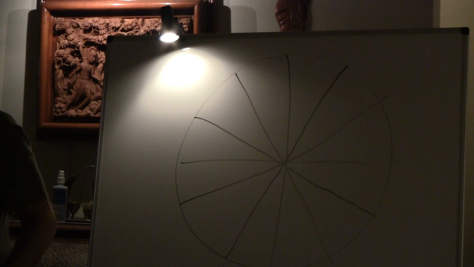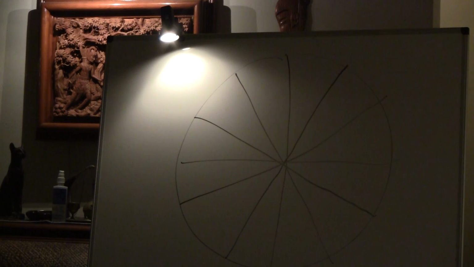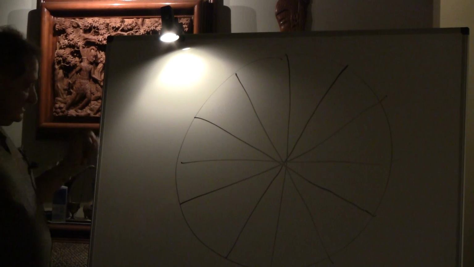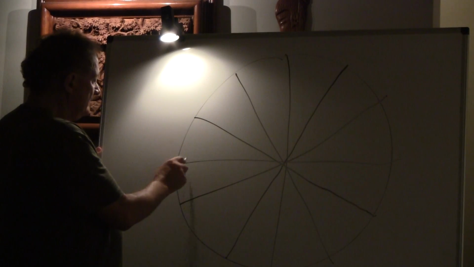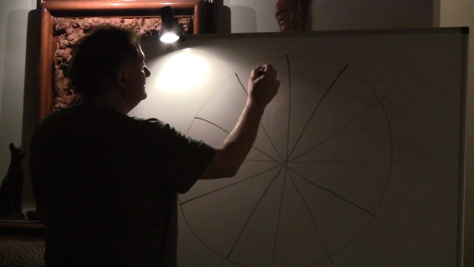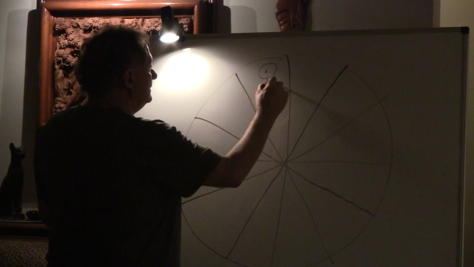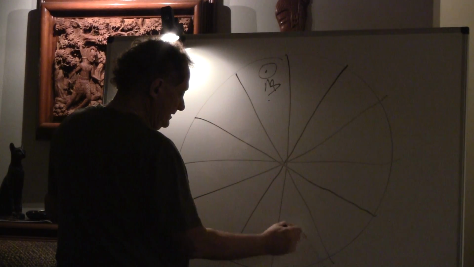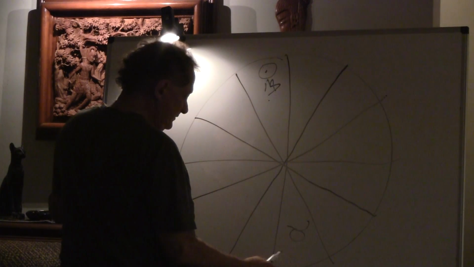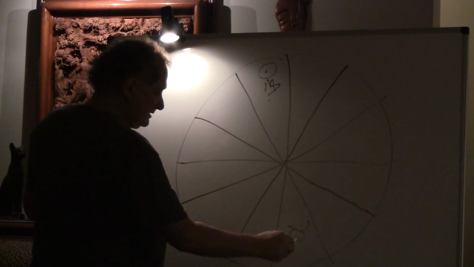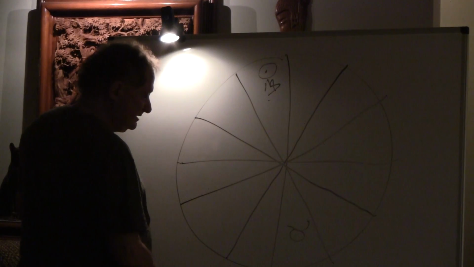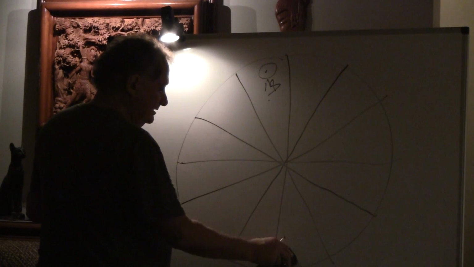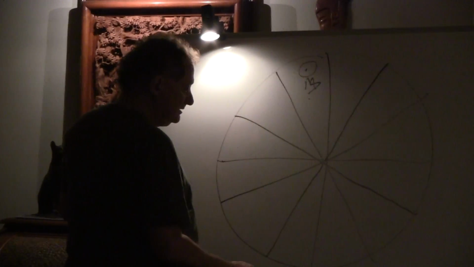Anybody have anything? Yes? Their Mercury opposed my sun. Mercury opposed the sun, okay. And where's it at? What house? My sun is in 10th or 11th house Virgo. His Mercury is in Pisces, in the 3rd house.